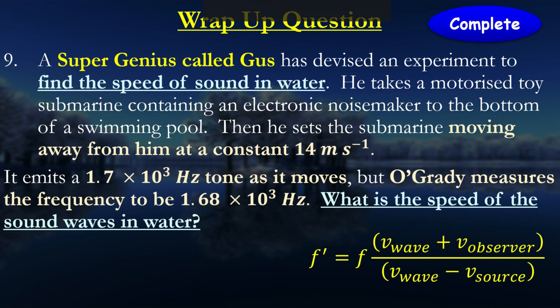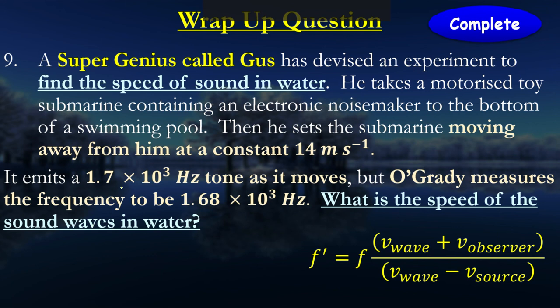So you have all these particular values. Try and see what you get for the speed of sound. I'll give you 3 seconds to pause before I go through this question.